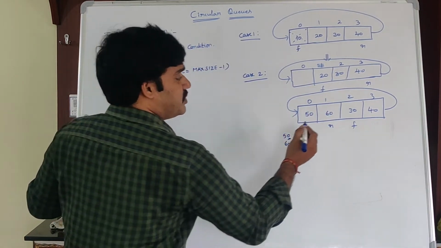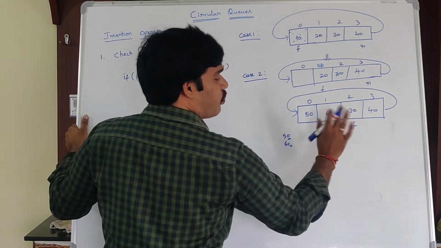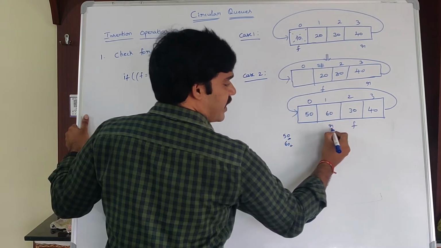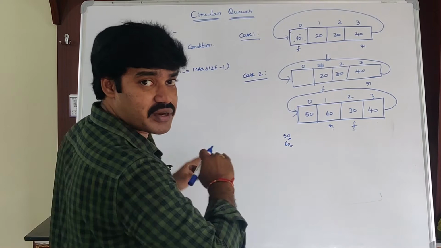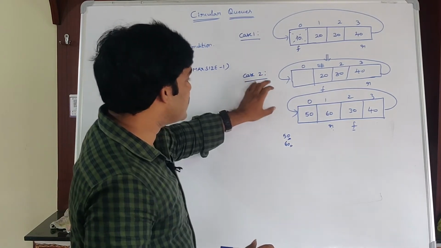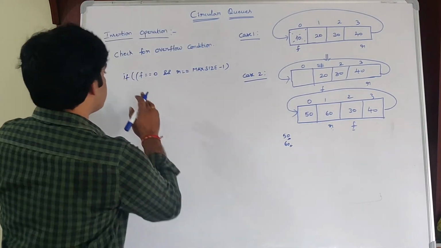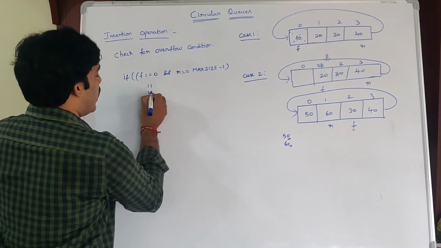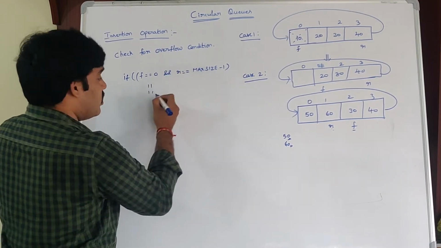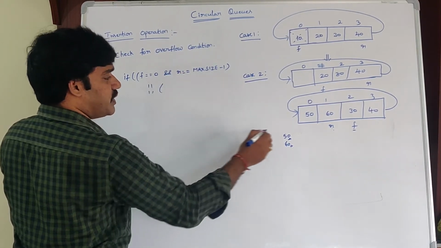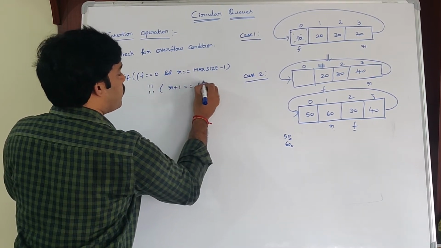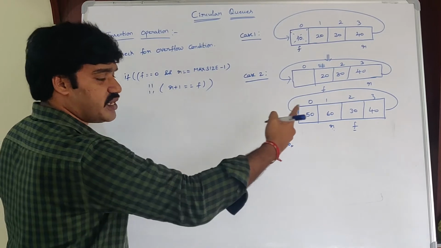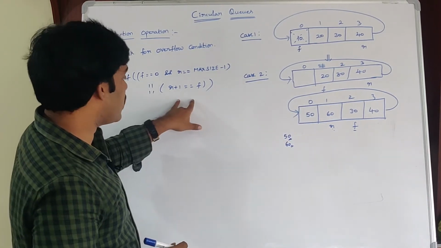Next, is it possible to insert an element? Not possible. Why? Because after the REAR, the next one is the front pointer. That indicates our circular queue is full. This is case 2. So case 2 is combined with case 1 by a logical OR. Case 2 is R plus 1 is equal to F. If R plus 1 is equal to F, that indicates the circular queue is full.